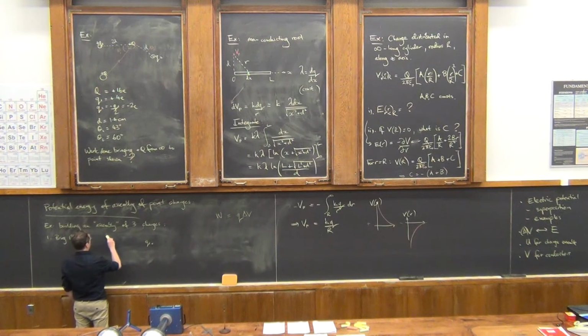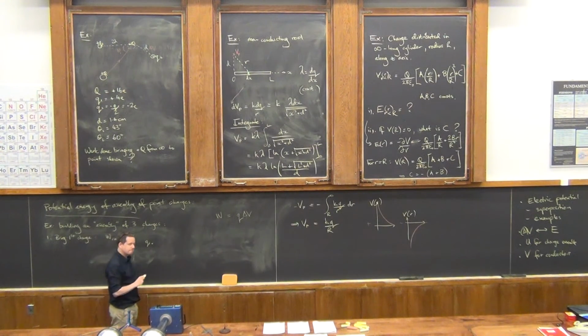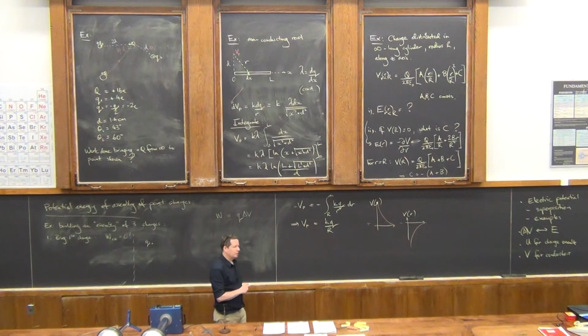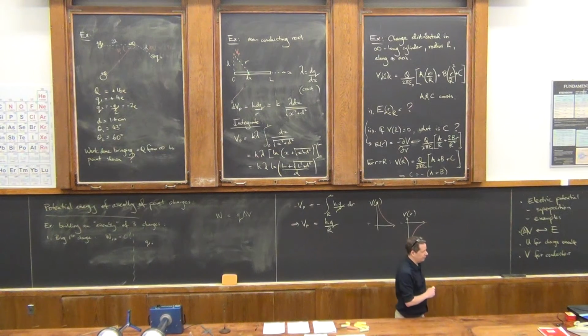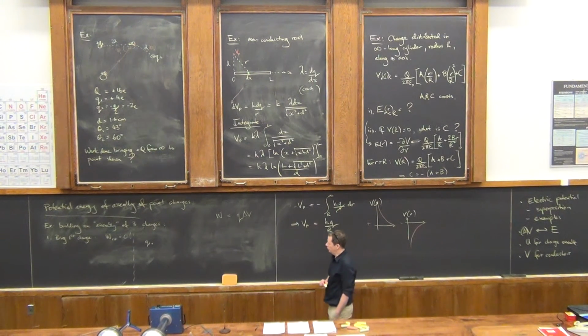So the work to bring the first one in is 0. Okay? Now, once it's in a region of space, it carries electric charge, it sets up an electric field, it has an electric potential associated with it.